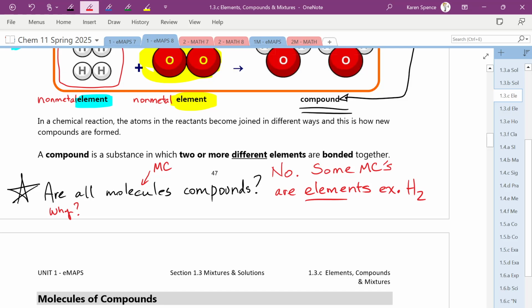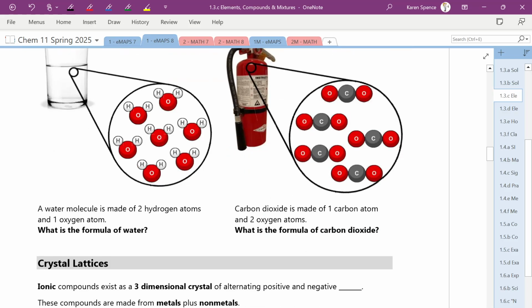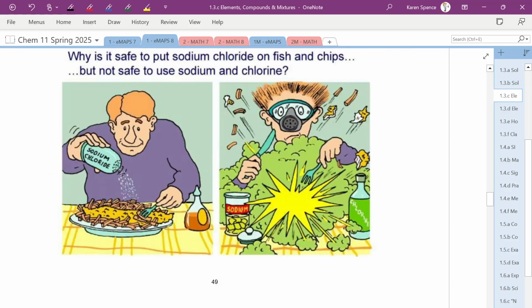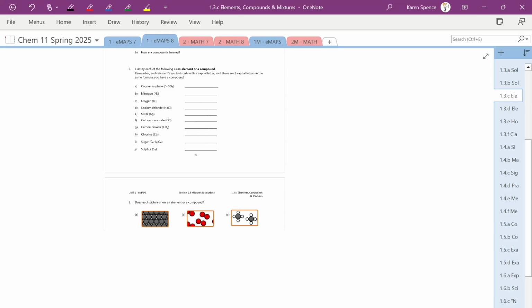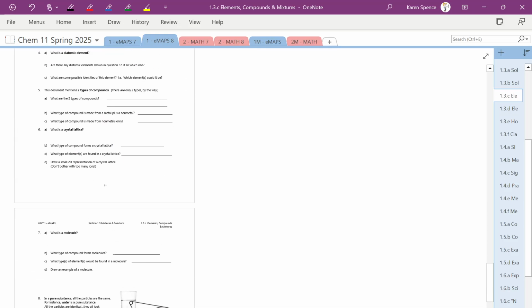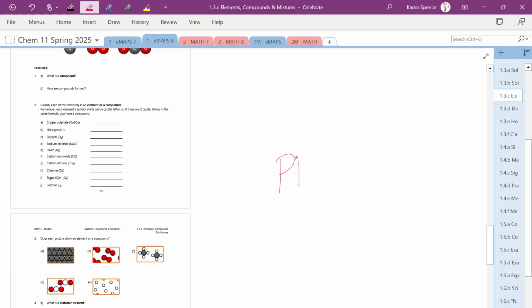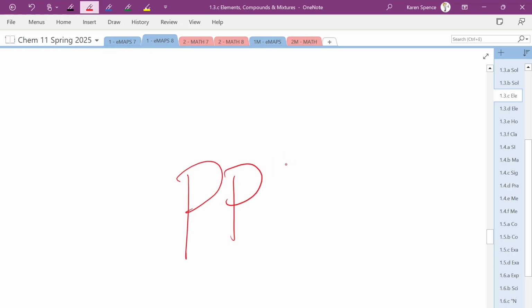Now we did not get as far as my other class did, so what I'm going to do is, their homework was to do pages 50 to 52, but you guys are going to get a bonus on Teams.